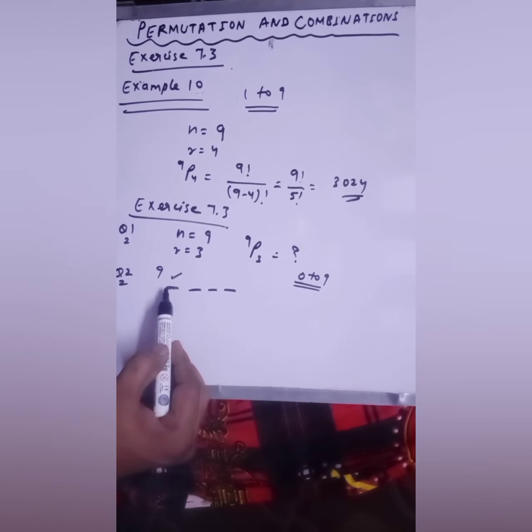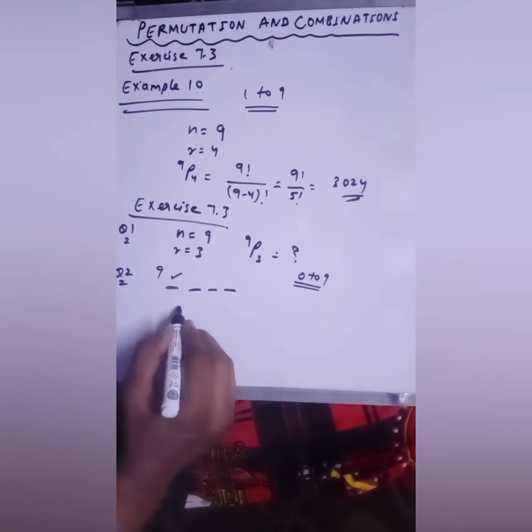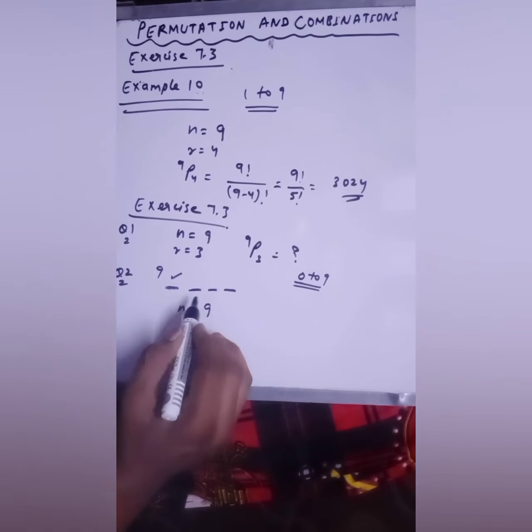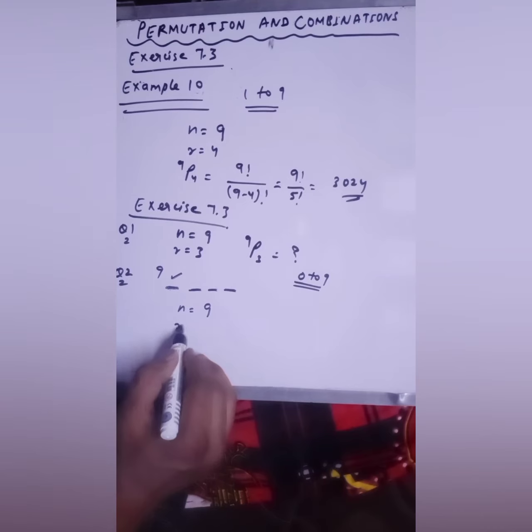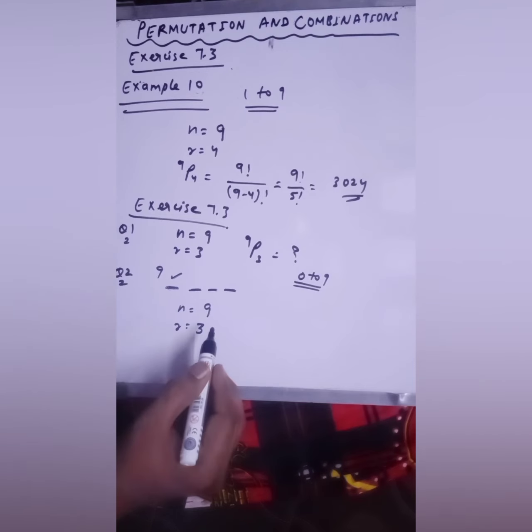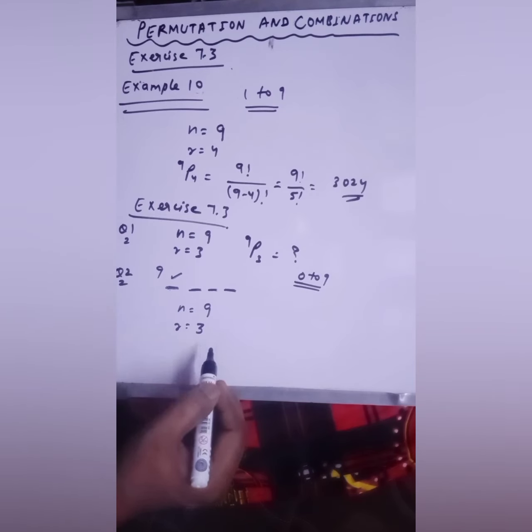The total choices you have are 9, and the places you can fill are 3. Just simplify it and you will get the answer.